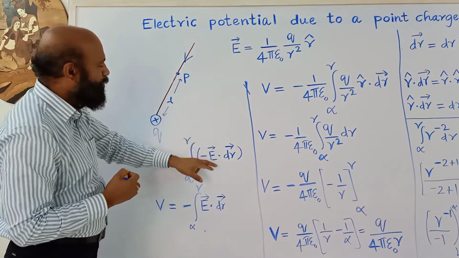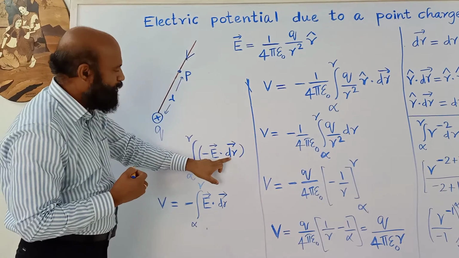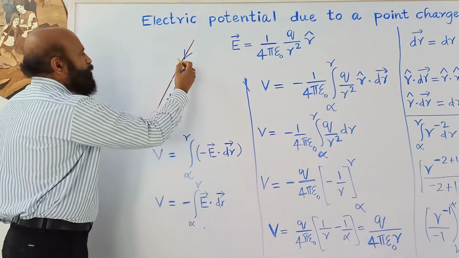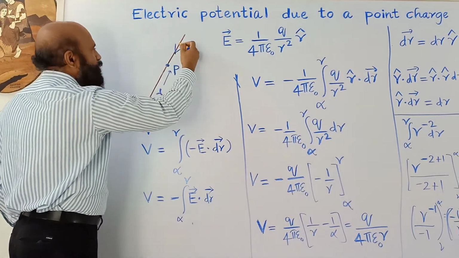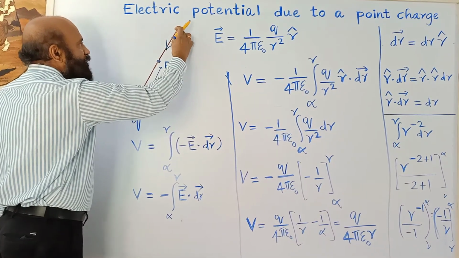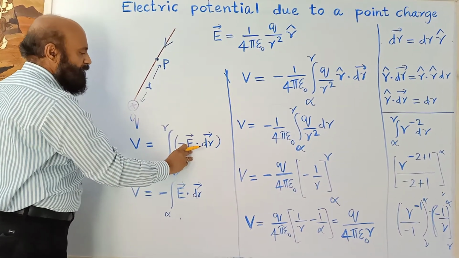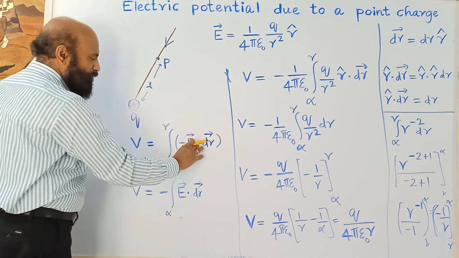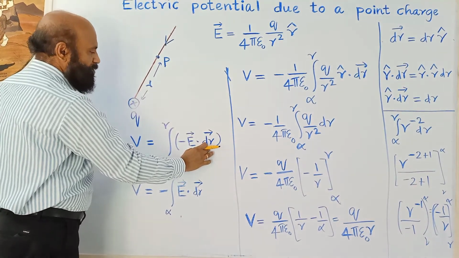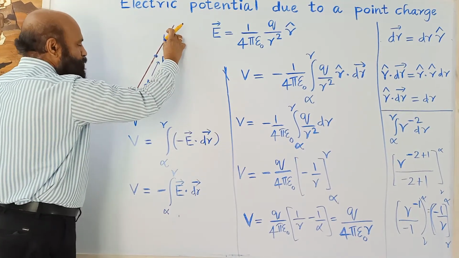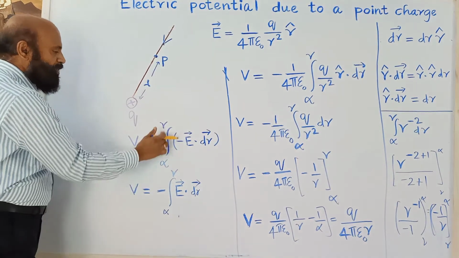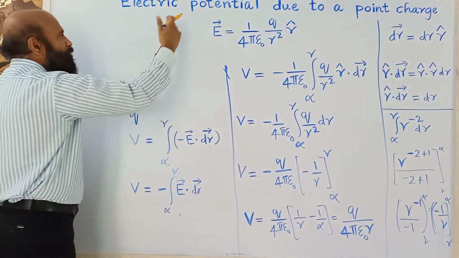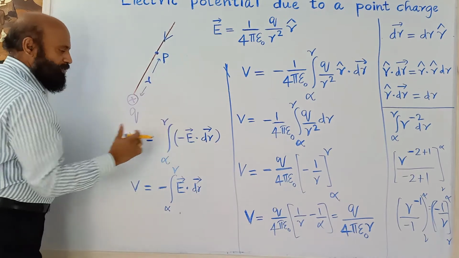First you find out the work done for an infinitesimal displacement dr vector. Because intensity is different at different points, so first you find out for an infinitesimal displacement, intensity vector dot dr vector. That is the amount of work done for an infinitesimal displacement. Then when we integrate it, you will get the work done from infinity to that point.